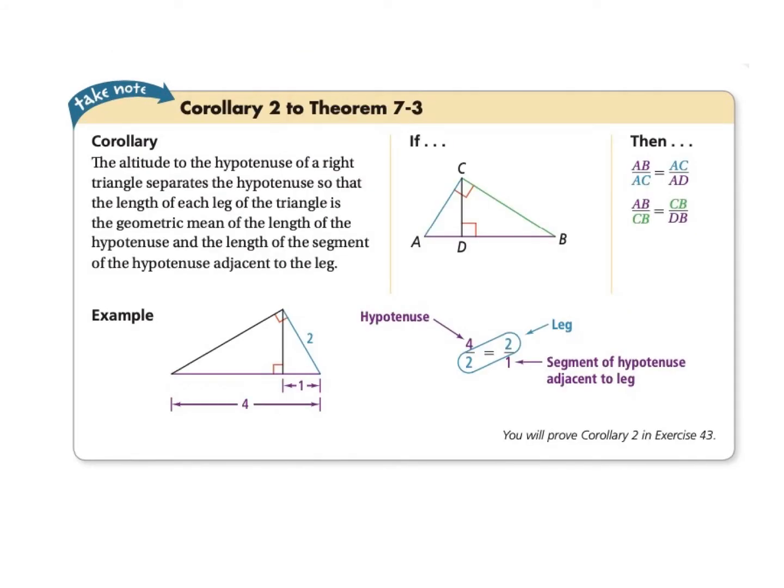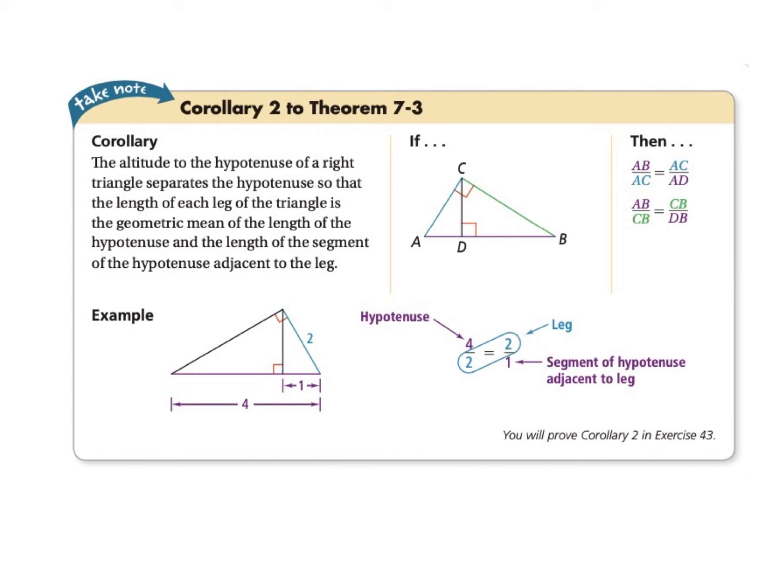And then the next one, there's two different ones that we can use. The next one here tells us that the altitude to the hypotenuse of the right triangle separates the hypotenuse so that the length of each leg of the triangle is the geometric mean of the length of the hypotenuse and the length of the segment of the hypotenuse adjacent to the leg.